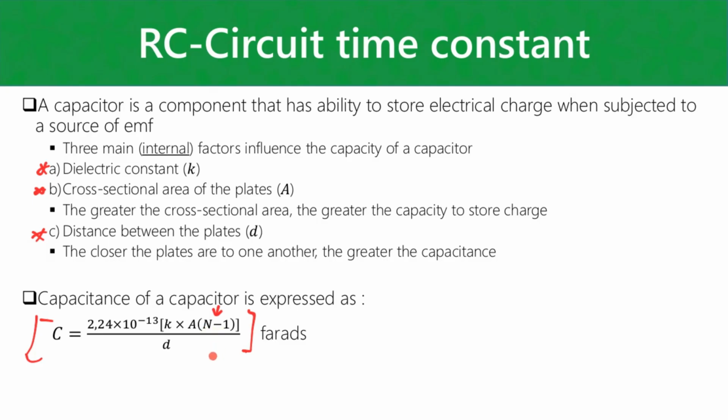If you look up air capacitors or adjustable capacitors, they basically have a bunch of plates shifting in between one another, so that's where the N minus 1 comes in. If you have two plates, that's 2 minus 1, so that just becomes 1.